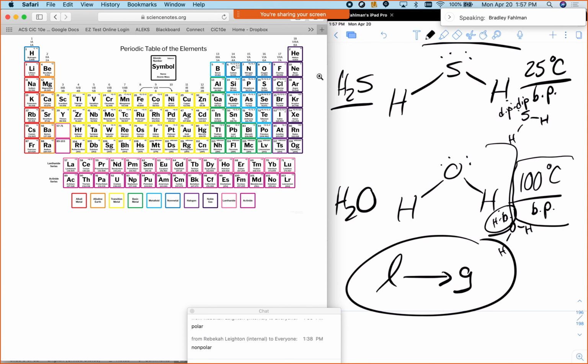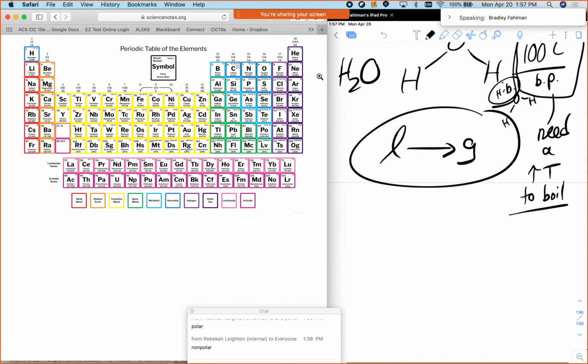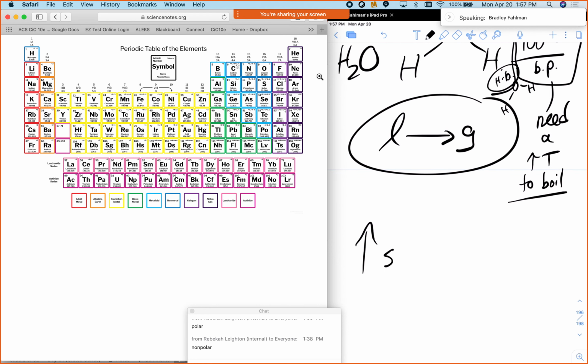As a result, you need a higher temperature to boil, or break apart all these intermolecular forces. Does that make sense? So generally, as the strength of the IMF, intermolecular force, goes up, the boiling point will go up.